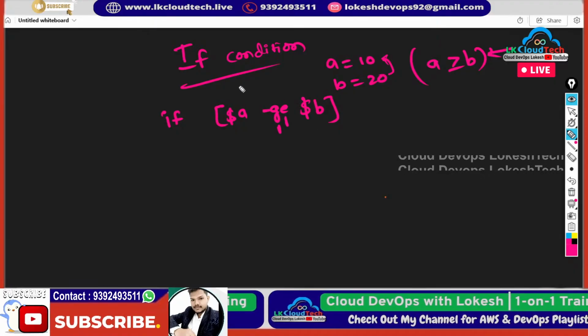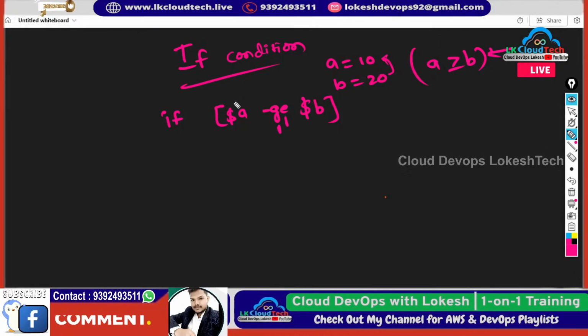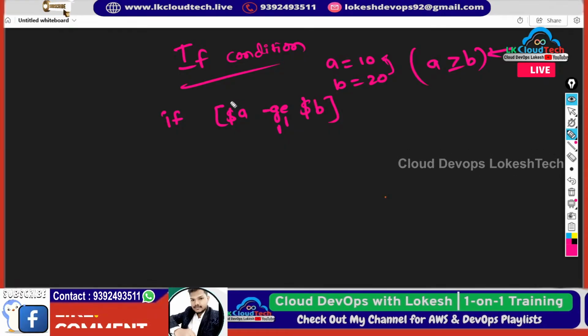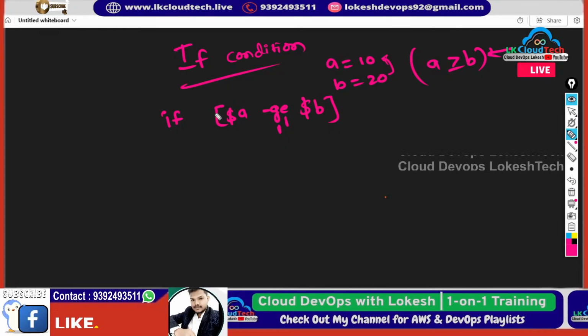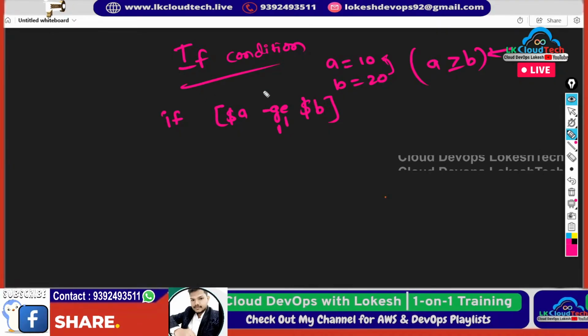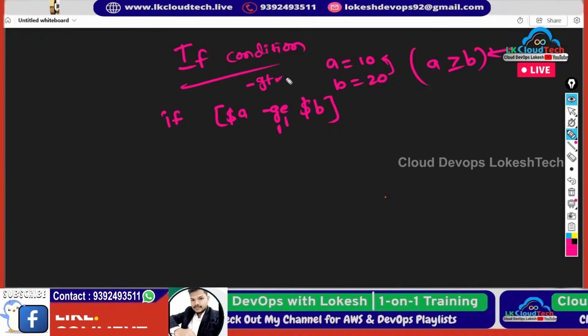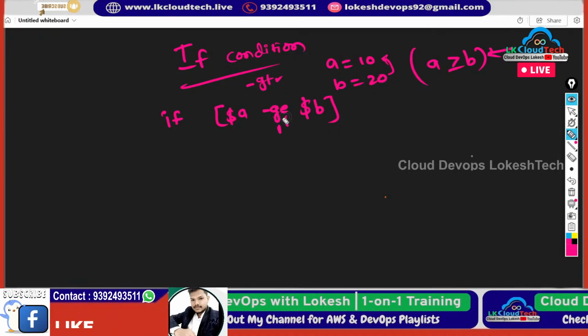If you want to check equals, you can use GE. If you want to check only greater than, you need to mention GT. Greater than or equal to means GE.